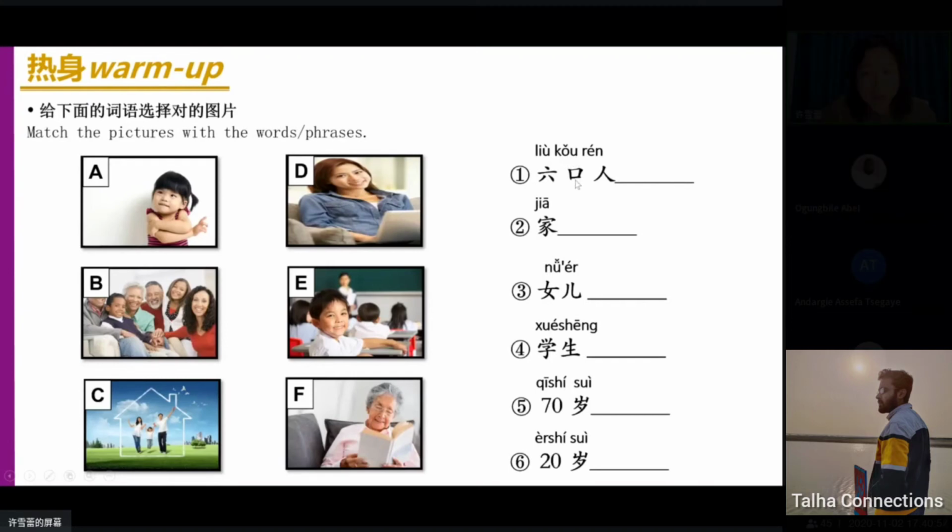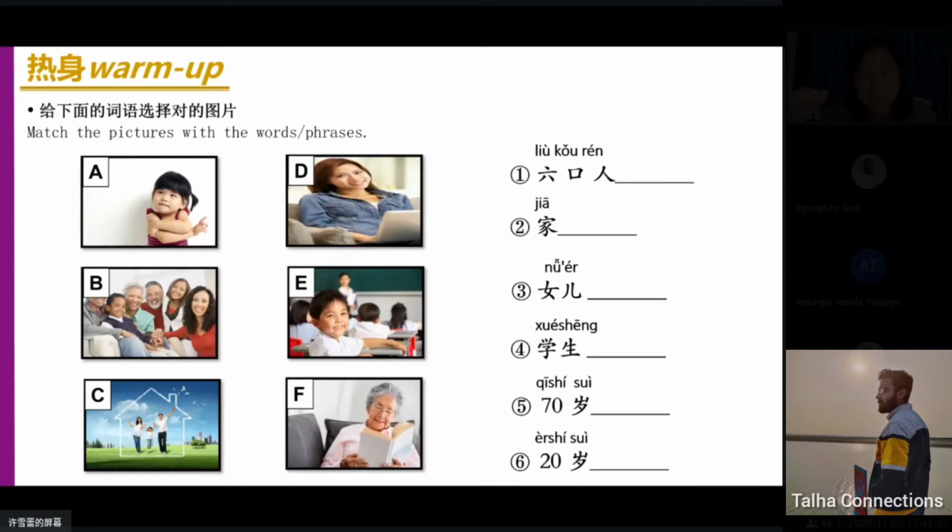Now, 口 is something called a measure word. Just like in English, we say one piece of paper, a piece of paper, a pair of shoes. That piece, that pair, or a group of students.